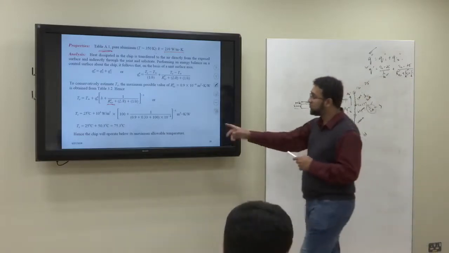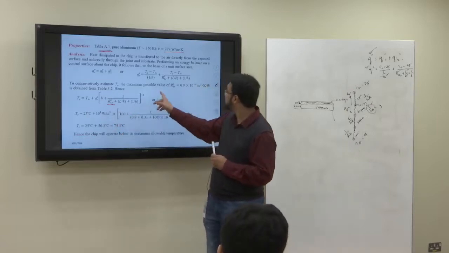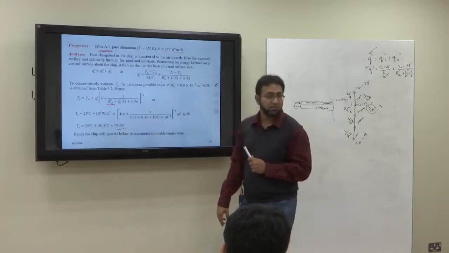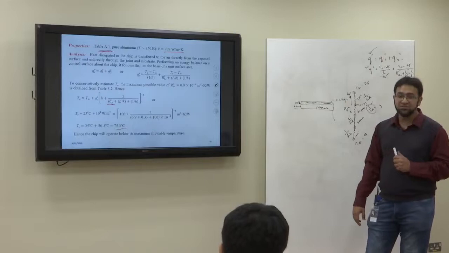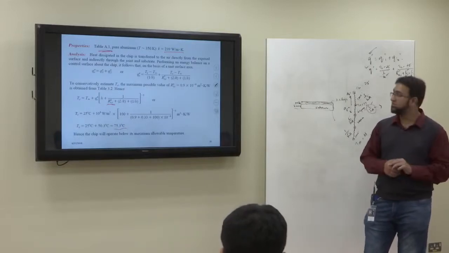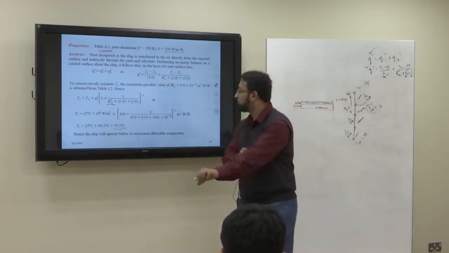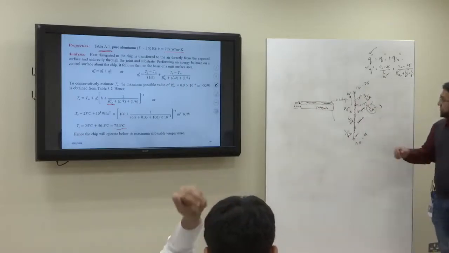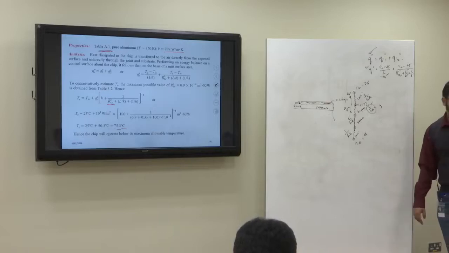Once you solve this problem, you will find the temperature coming is 75.3 degrees centigrade. That means it's working under the allowable range. RTC is the resistance of the epoxy, which you get directly from the table.